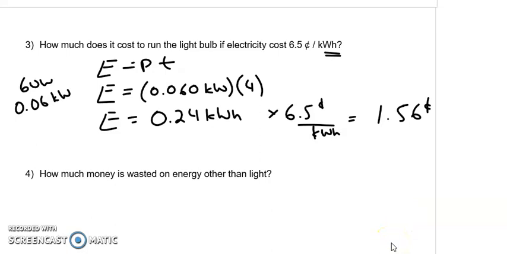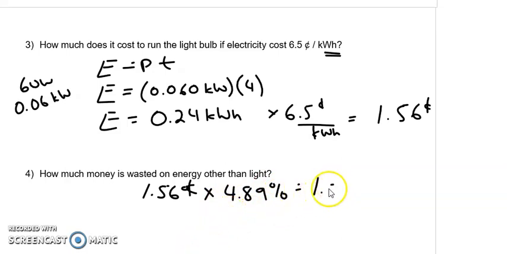So how much money is wasted on energy other than light? Well, we're going to take that 1.56 cents, and now if you multiply that by the 4.89%, that's 4.89 divided by 100. I'm going to write that down actually, 1.56 times 4.89 over 100, because that's what percent is.